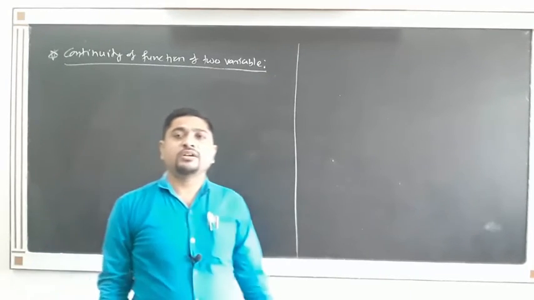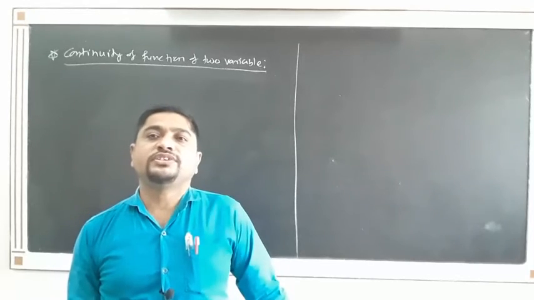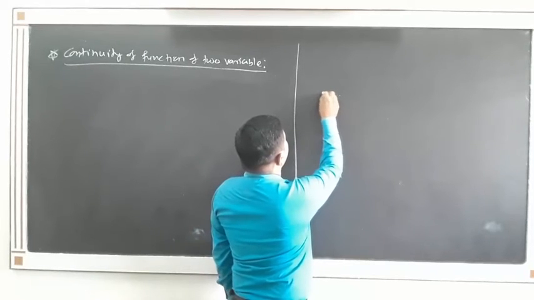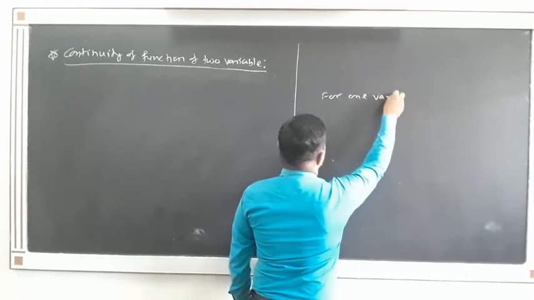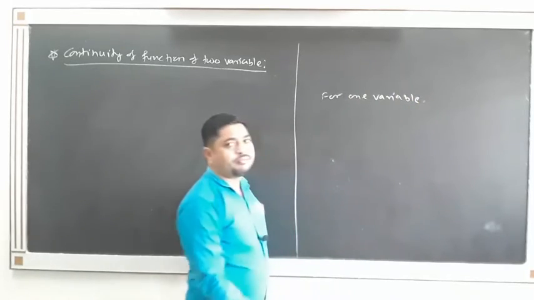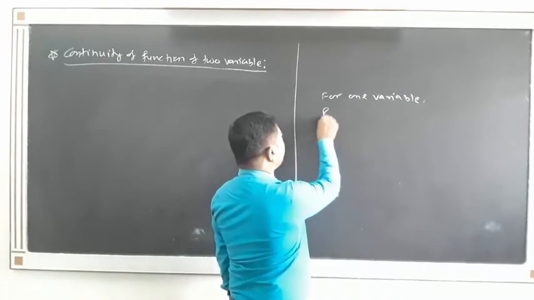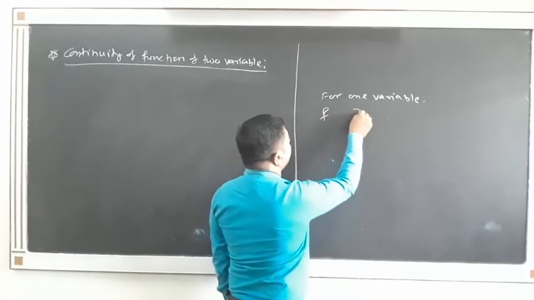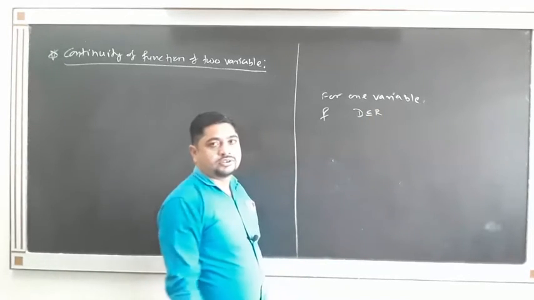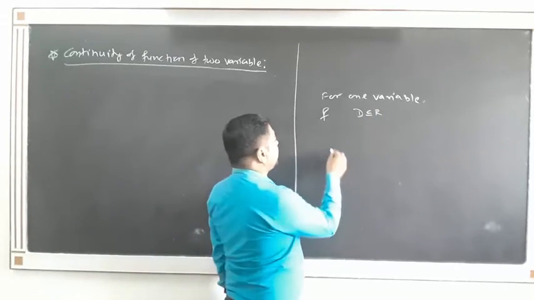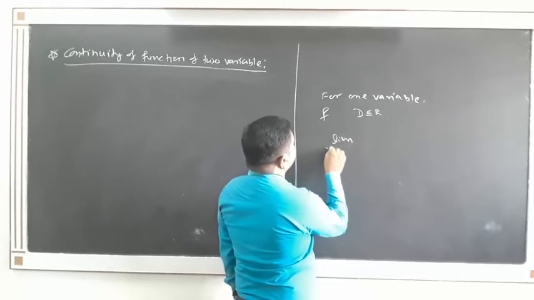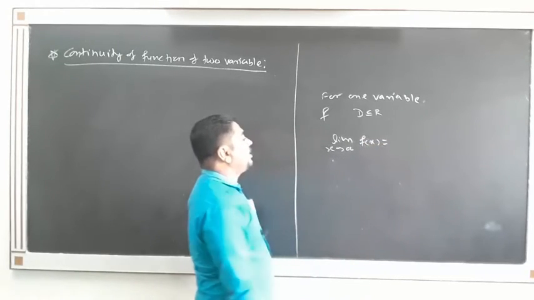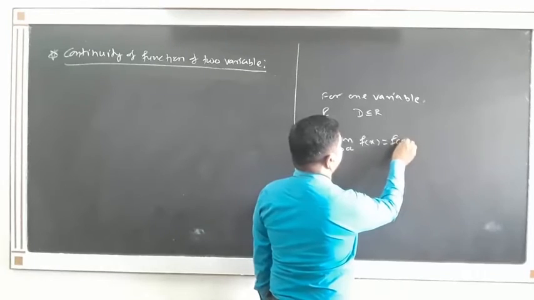If you try to remember, we also discussed the continuity of the function of one variable. Let us try to revise this. So what is continuity for one variable? Suppose f is any real valued function defined on the domain D, a subset of R. Then we say that the function f is continuous at x tends to a when limit x tends to a, f of x is equal to f of a.